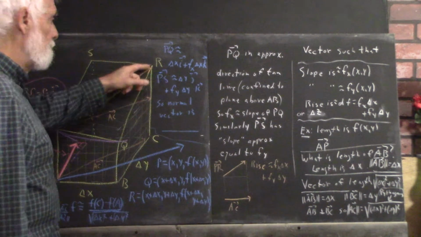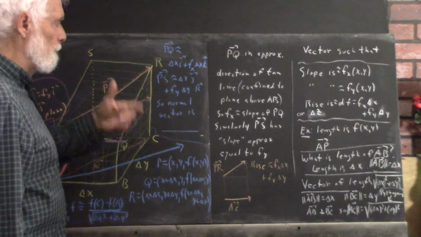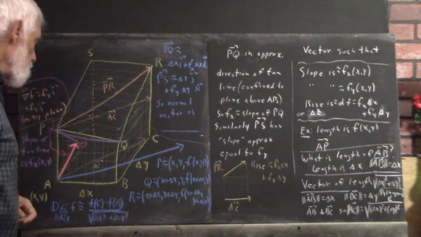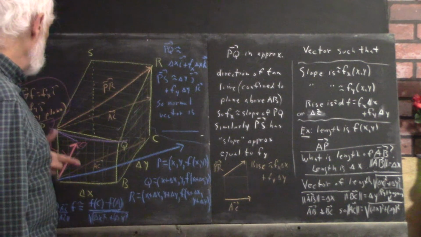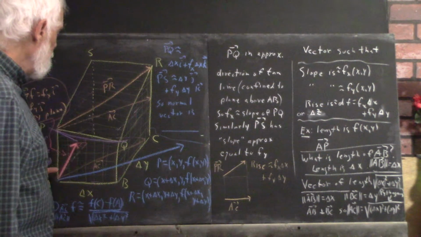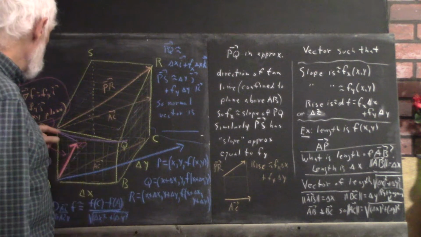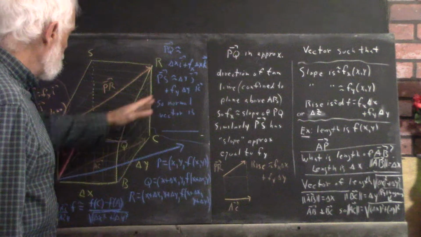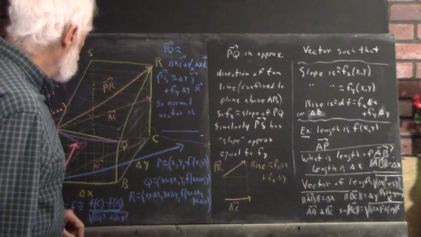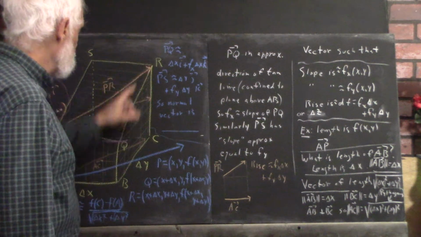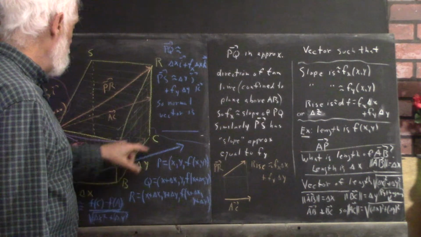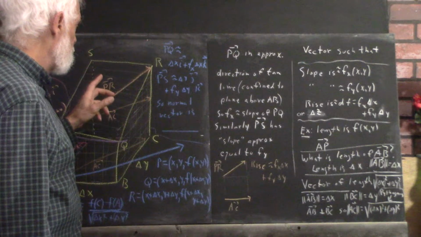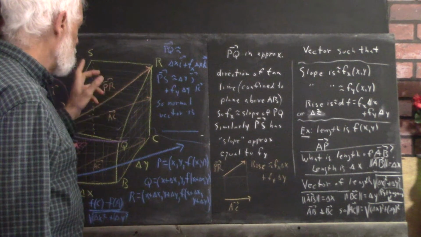The rise here is fx delta x plus fy delta y, because why? Well, fx delta x is the slope of this line times the run, which is just the rise from here to here. Then, if you go in this direction, fy delta y is the slope of this line multiplied by delta y. Not sure I said it right.